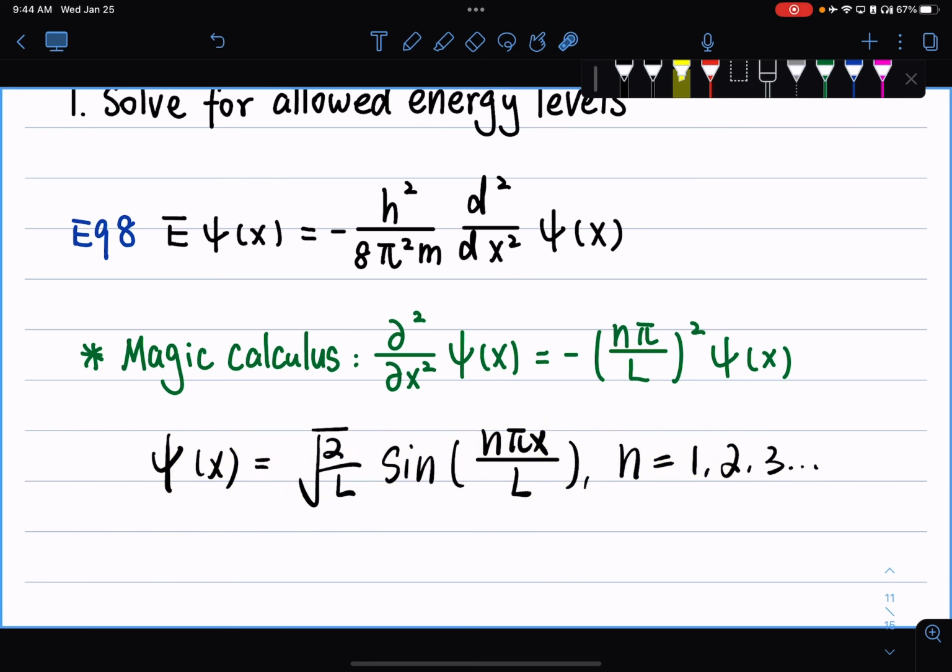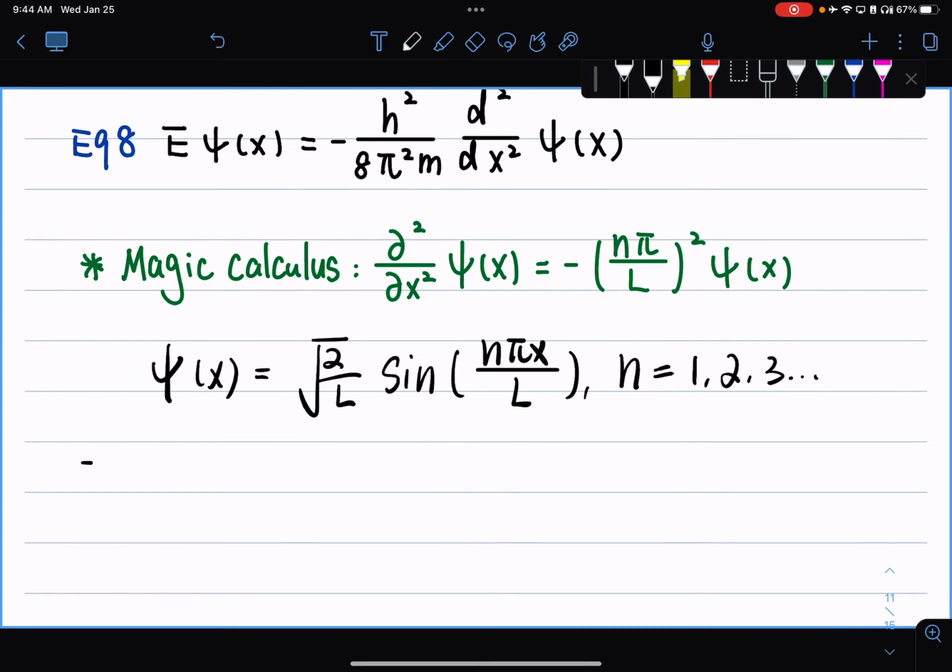What we want to do is to solve the second derivative of phi x. Given that the second derivative of the sine function is negative n pi over L squared times the sine function, we can solve for it.